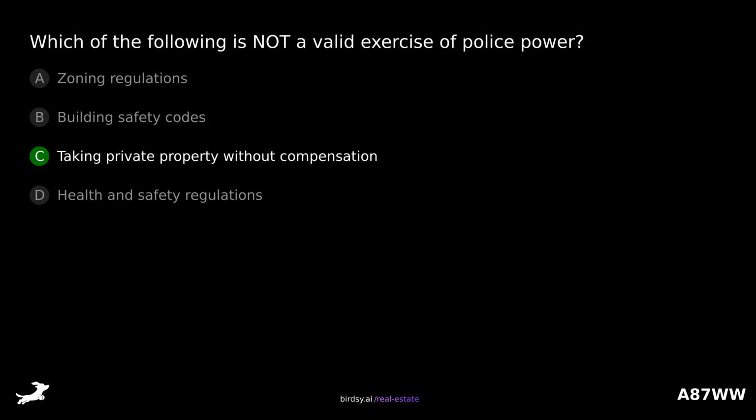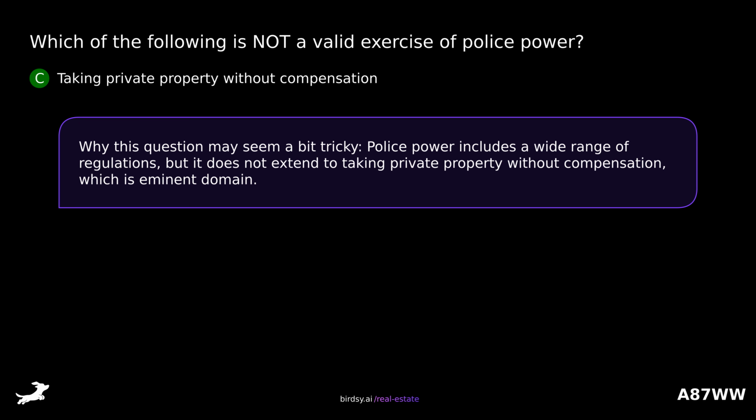The answer is C, taking private property without compensation. Why this question may seem a bit tricky: police power includes a wide range of regulations, but it does not extend to taking private property without compensation, which is eminent domain.